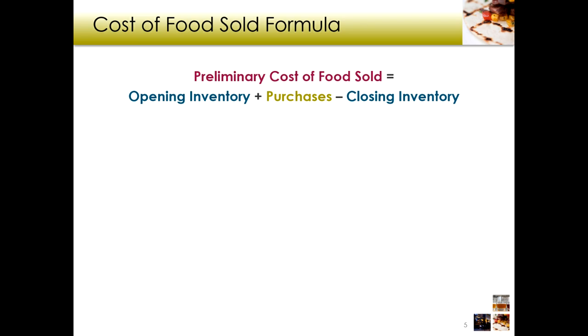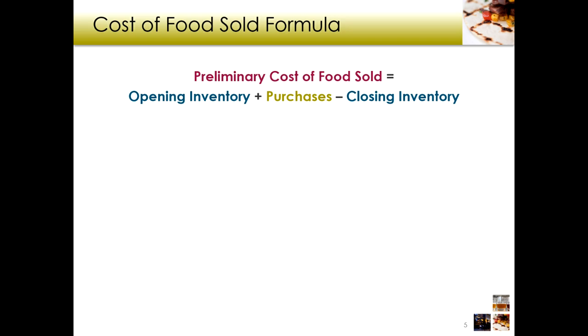If we had $50,000 in our opening inventory and $40,000 in our closing inventory, that means we used $10,000 worth of our inventory to generate our sales. So that number has to be added to our purchases to figure out what our cost of food was, right? Conversely, if we had $40,000 to start for our opening inventory and $50,000 at the end of the month, well, we've saved $10,000, or we've added $10,000 worth of inventory.